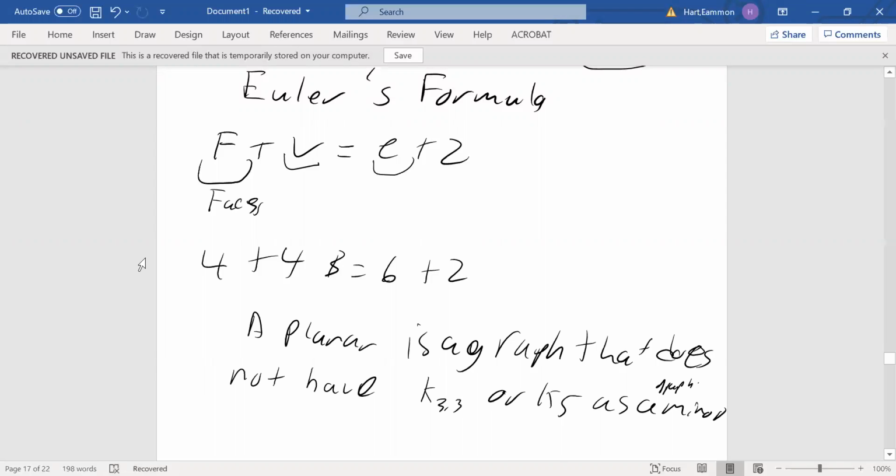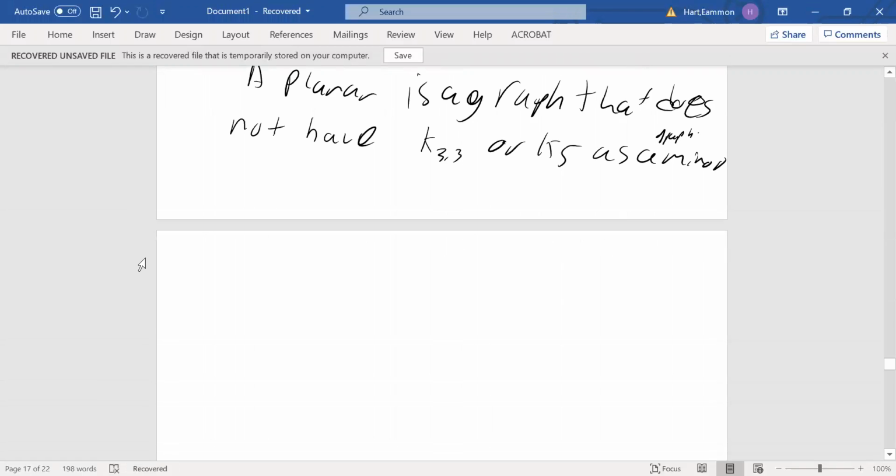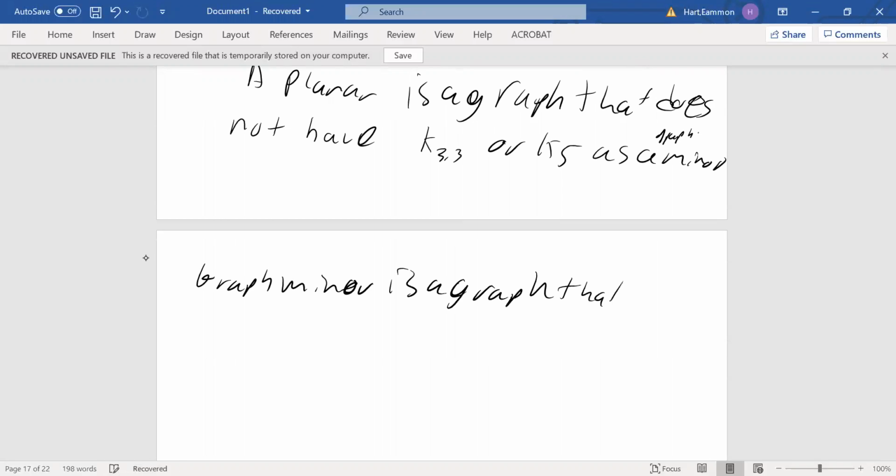This obviously requires us to define what a graph minor is. A graph minor is a graph that can be achieved via any combination of 3 processes.